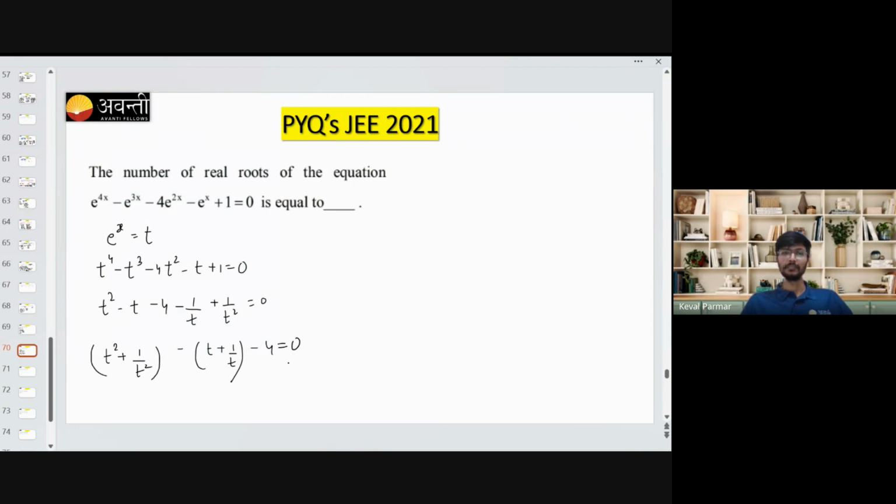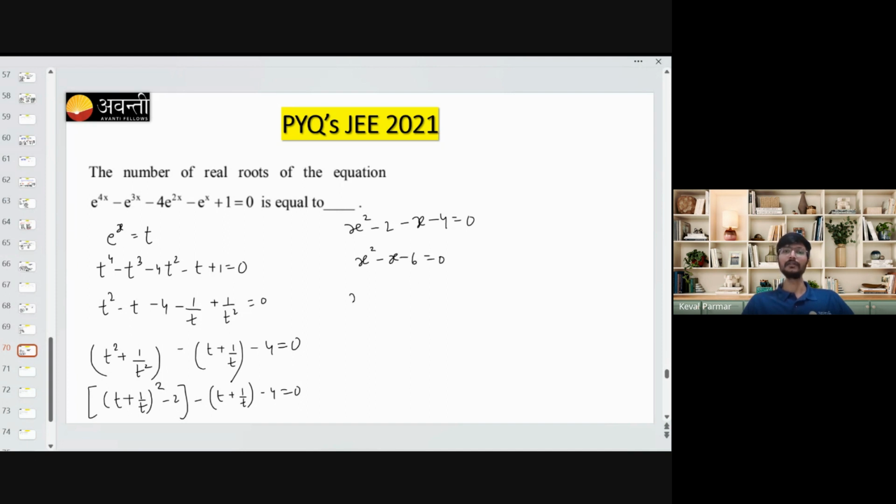So t square plus 1 by t square can be written as t plus 1 by t, the whole square minus 2, minus t plus 1 by t, minus 4 equals to 0. So let t plus 1 by t be x. So this is x square minus 2 minus x minus 4 equals to 0. What do we have here? X square minus x minus 6 equals to 0.